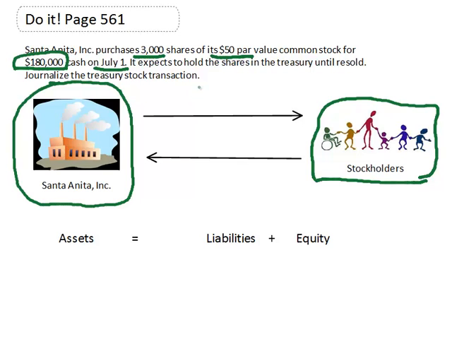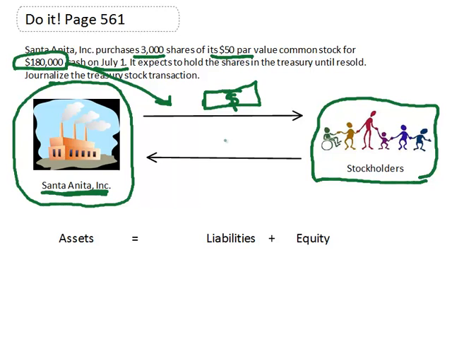So, again, when we're talking about a financial transaction, we need to look at two things. One, what are we giving, and what are we then receiving? Who? Well, that's the corporation. What did Santa Anita give to the stockholders? And then what did they receive in exchange for whatever they gave? Well, the problem tells us they gave cash, which is an asset, $180,000 of it.